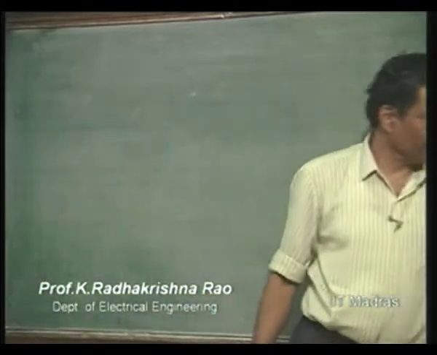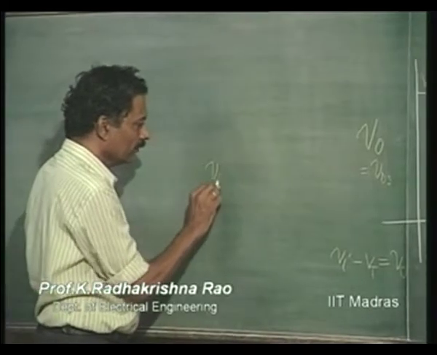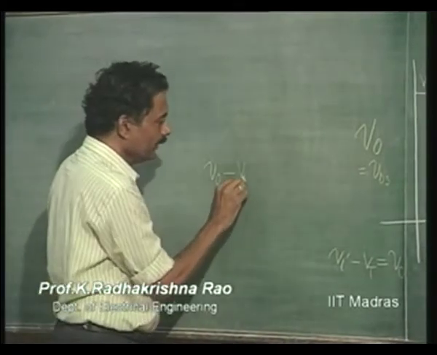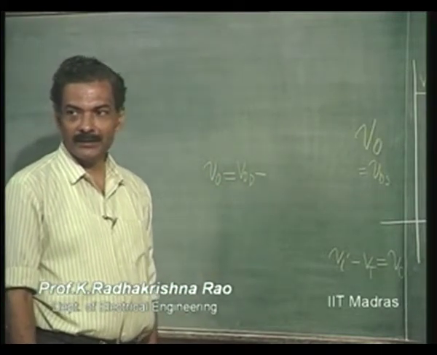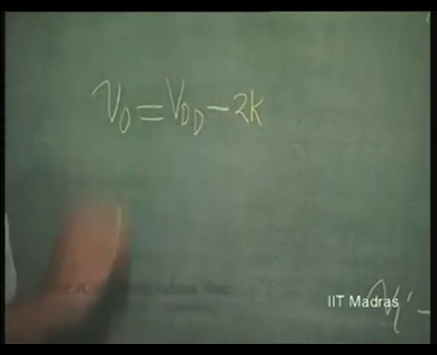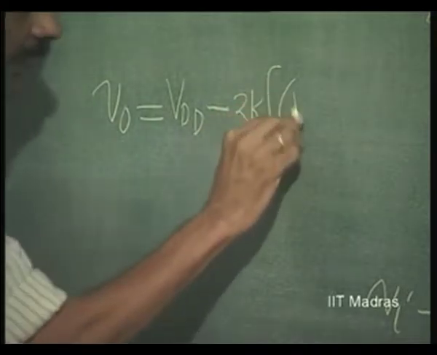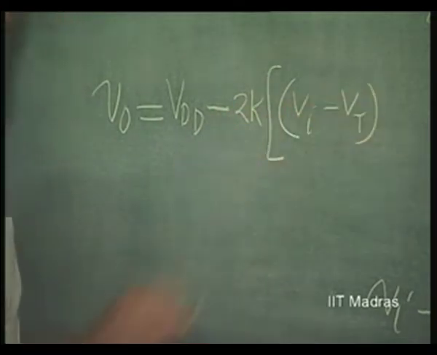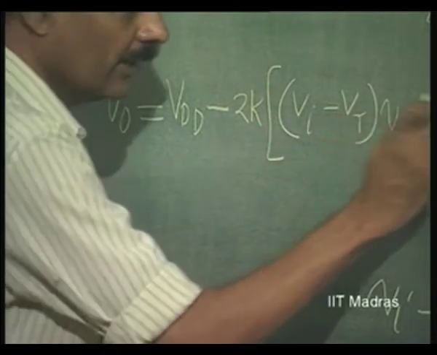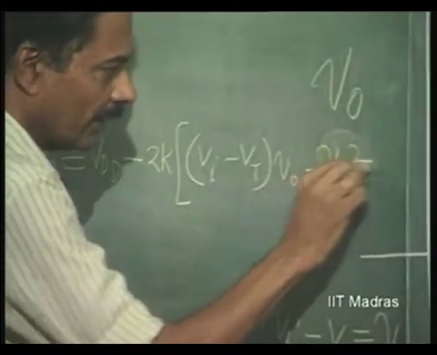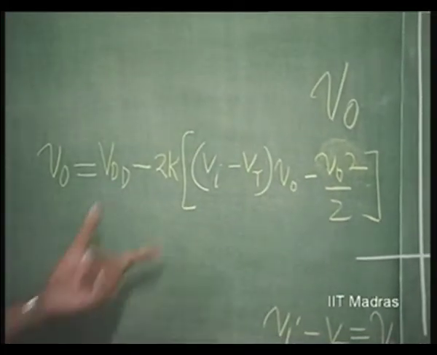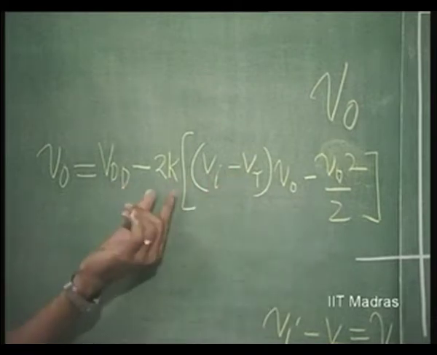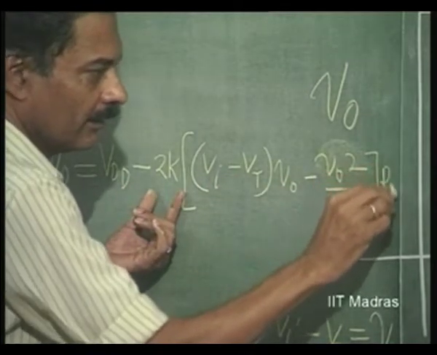That means the equation that is valid now corresponds to V naught equals VDD minus, what is that equation that is valid? 2K into VGS, which is Vi minus Vt, into VDS, which is V naught, minus V naught squared by 2. Is this clear? This is the equation that is valid, that is 2K this into RD.